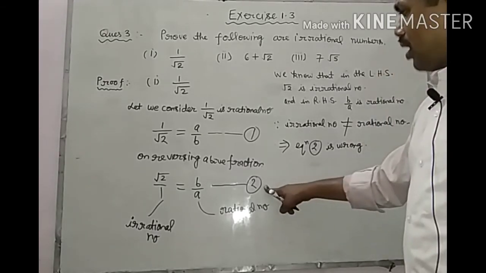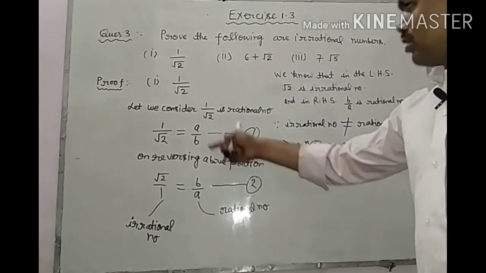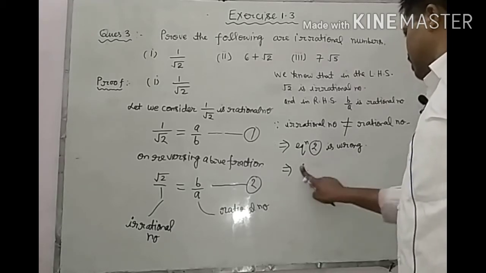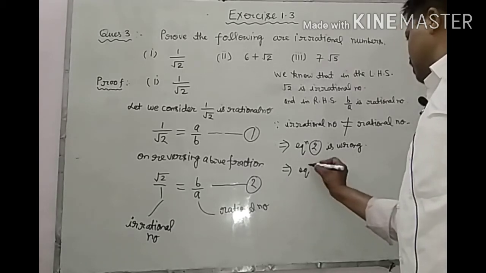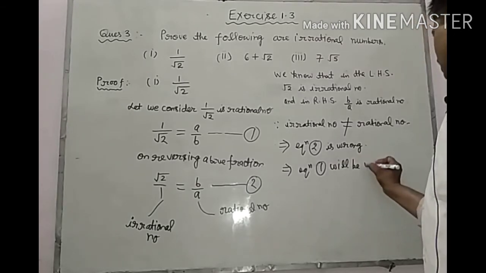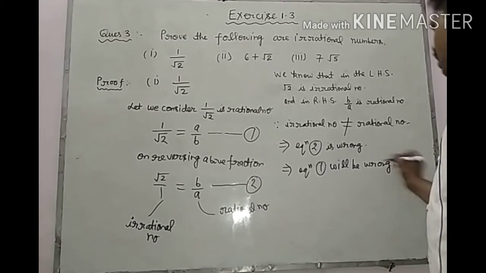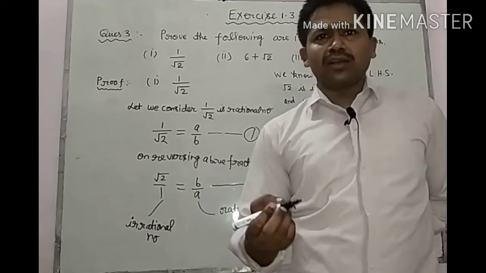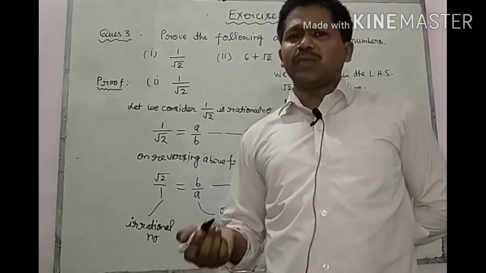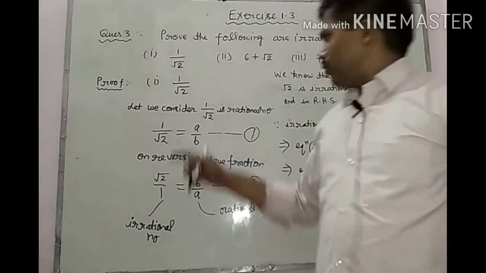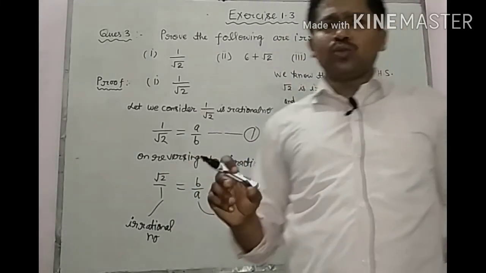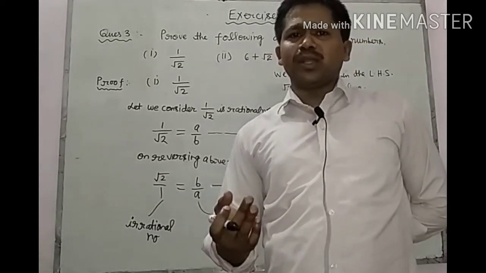Since equation 2 is wrong, thereby equation 1 is wrong. That is, 1 upon root 2 equal to a by b is wrong. It implies that we cannot represent 1 upon root 2 in the form of a rational number a by b.